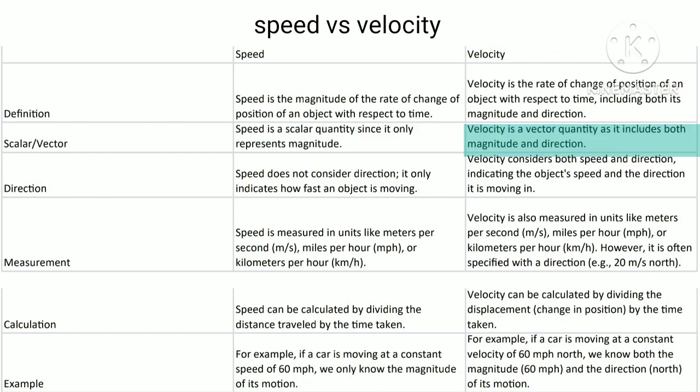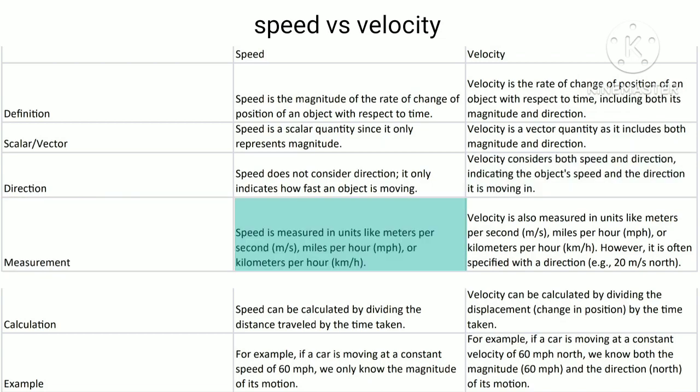Velocity is a vector quantity as it includes both magnitude and direction. Direction: speed does not consider direction, it only indicates how fast an object is moving. Velocity considers both speed and direction, indicating the object's speed and the direction it is moving in.